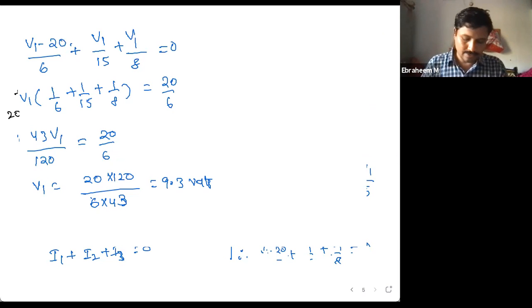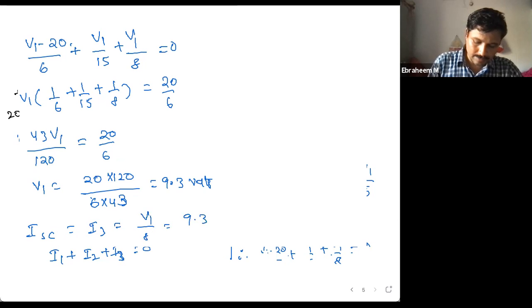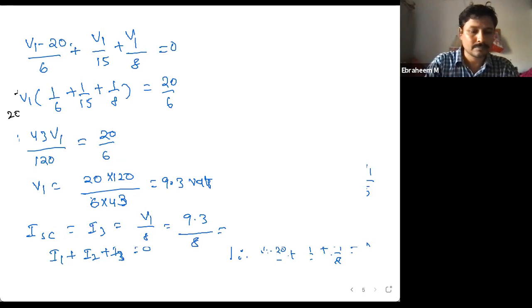So the voltage V1 is 9.3 volts, right? Now ISC is how much? ISC is nothing but I3, that is V1 by 8. So 9.3 by 8. How much is this? 1.16 amperes.